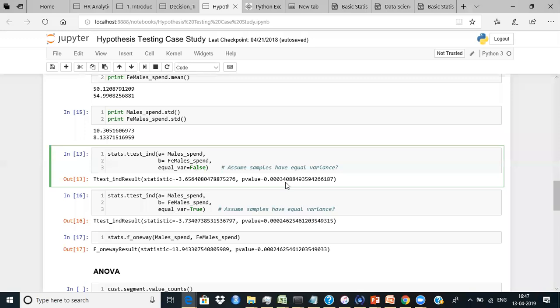It is that calculation that I showed you. The p-value is coming from the T table. Yeah, you can do it.